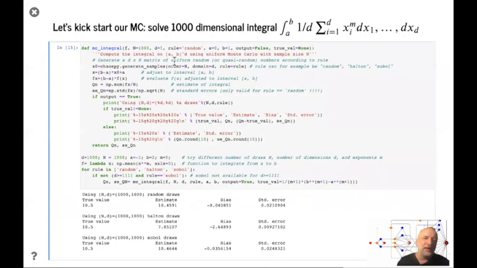So let's kickstart the MC, if you will, right? So it's like, you want to solve a 1,000-dimensional integral, and we have one where we know what the solution is. Now, even doing the Smolyak algorithm with the quadrature is not going to be feasible for this one here, okay?